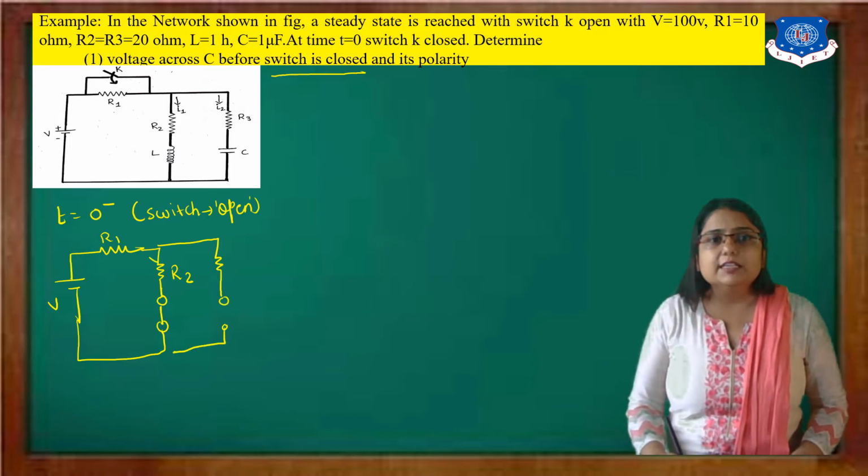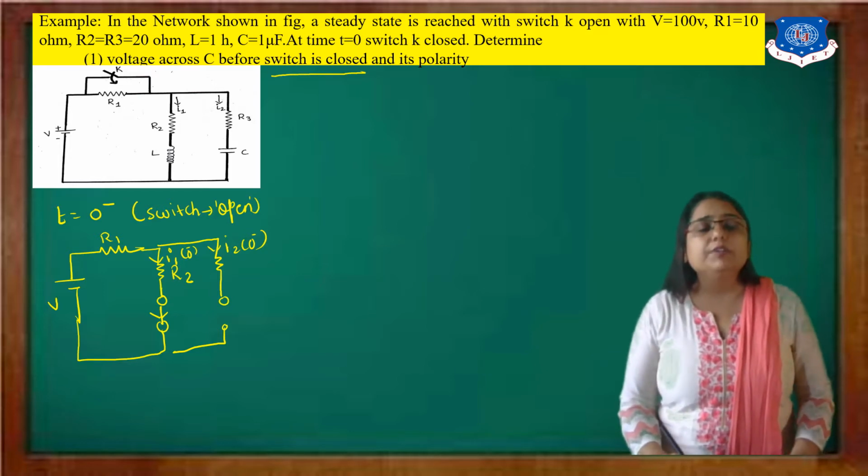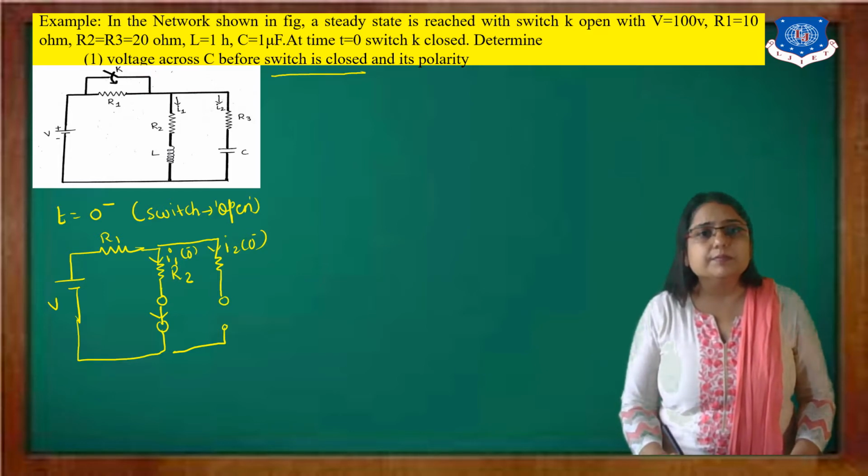Alright, and this current is known as I1, or here we can say I1 at 0 minus, and this is known as I2 at 0 minus, because the condition of t is 0 minus.